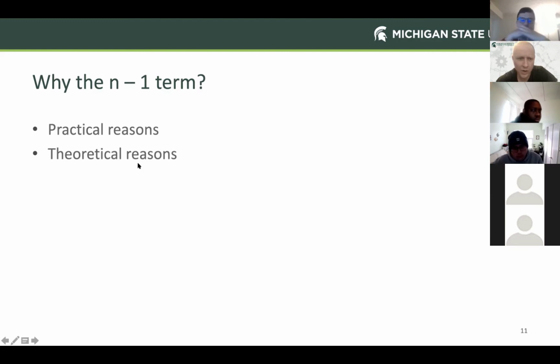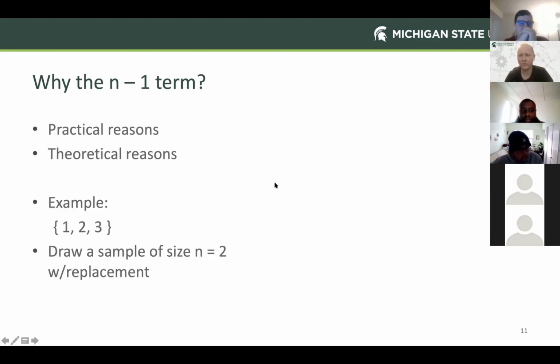And now I'm going to quickly walk you through a theoretical example here. I've made this really simple. Let's assume we've got a population of 3 numbers. The numbers are 1, 2, and 3. And we're just going to do a quick experiment here. We're going to draw samples of size 2 from that population with replacement.